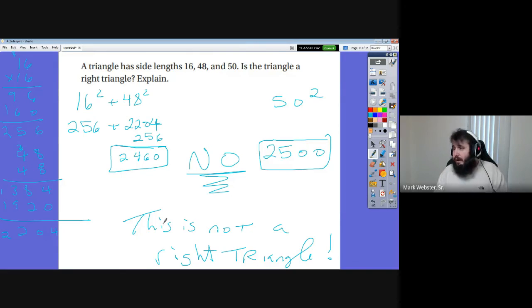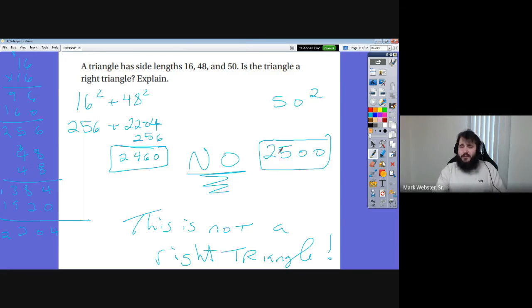This is not a right triangle. And we know that because we squared the legs, added them together, and they did not get to be the same as the square of the hypotenuse. Simple as that.